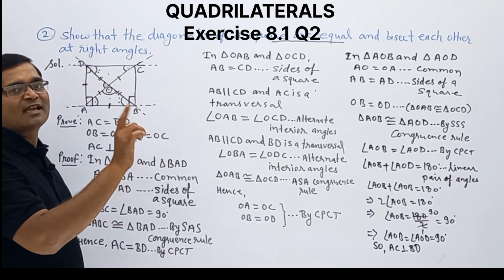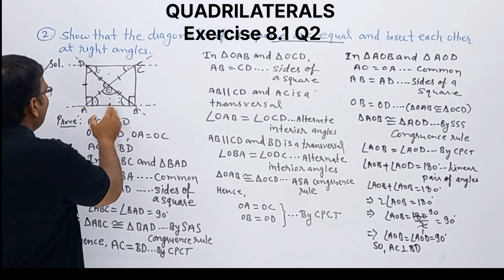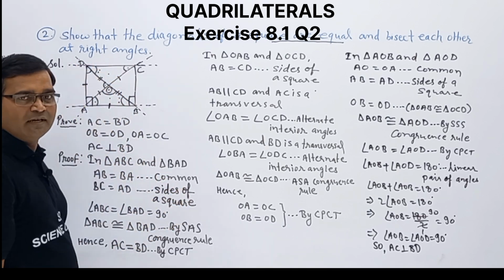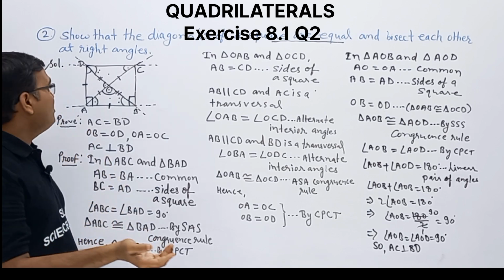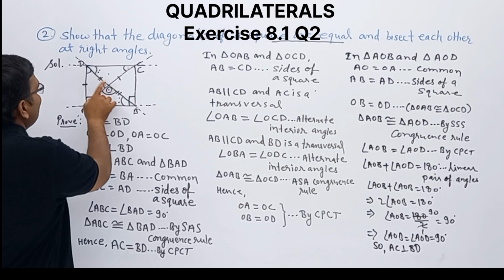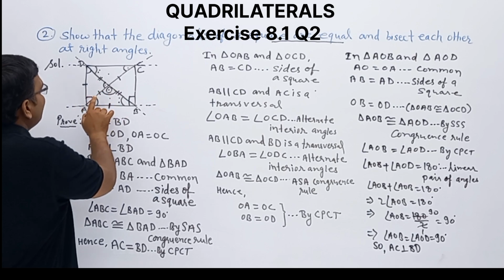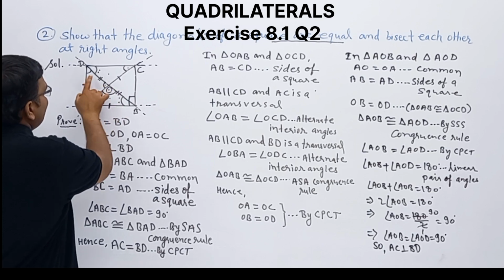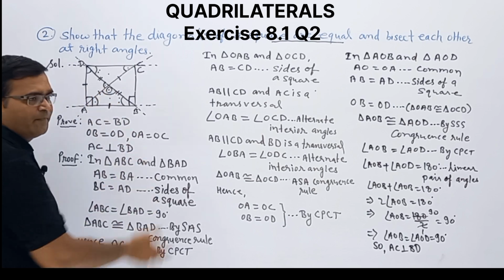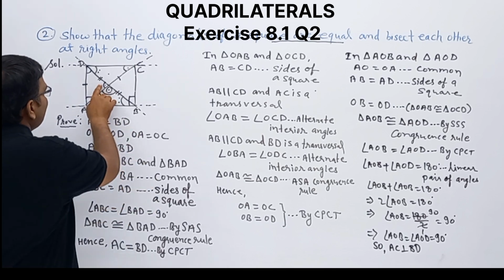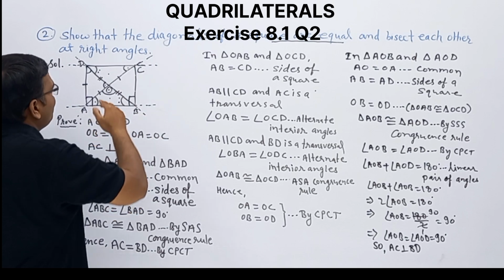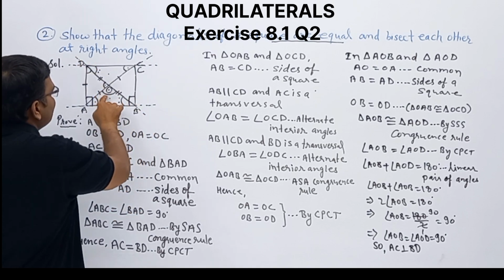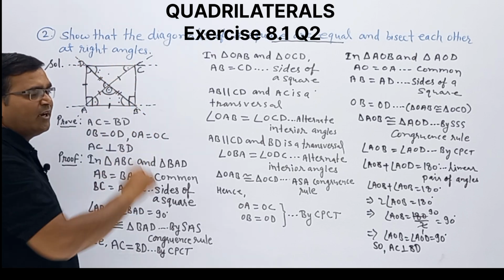So from the side congruence rule, we proved that these two triangles are congruent. So automatically corresponding parts of these two triangles will be equal. This side equal to this one, this equal to this one, this is common. So angles, this angle equal to this one, and this angle equal to this one. This is a straight line and two angles are there and sum of both angles will be 180.